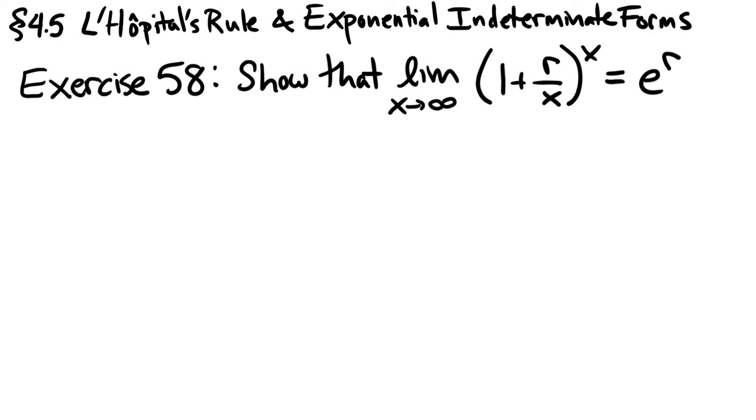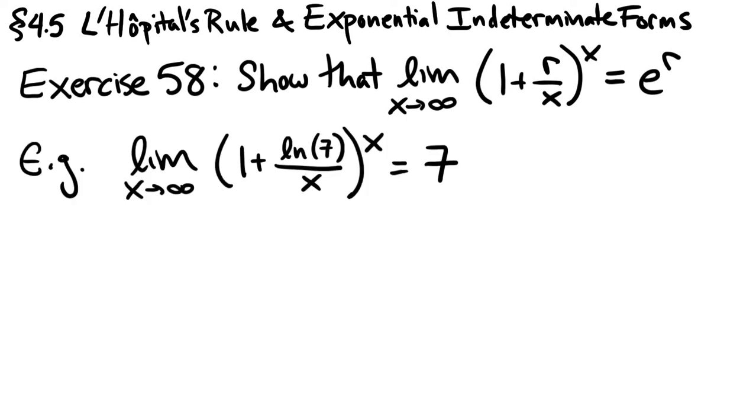And if you choose r carefully, you can get a limit which is any positive number. For instance, say you want something whose limit equals 7. Then I would just look at this. So you can get any positive number this way. So this shows that 1 to the infinity is indeed indeterminate.